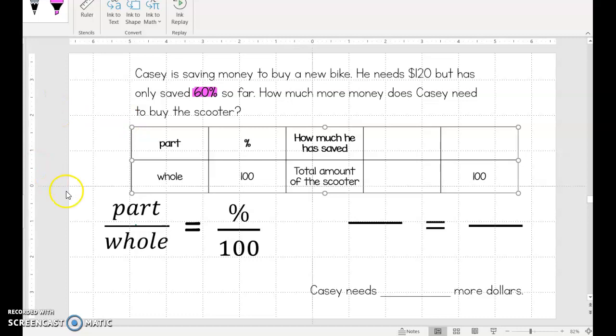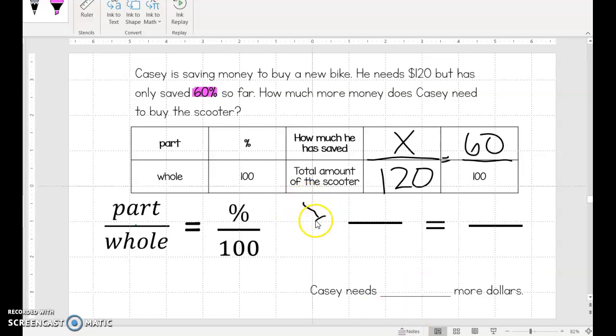Now I'm going to take my numbers and fill them in. So I'm going to say 60 over 100 because 60% written as a fraction is just 60 over 100. And that's equal to, he needs $120 for the scooter. And we want to find out how much is 60% of $120. So I'm just going to take this information and transfer it into this proportion right here.